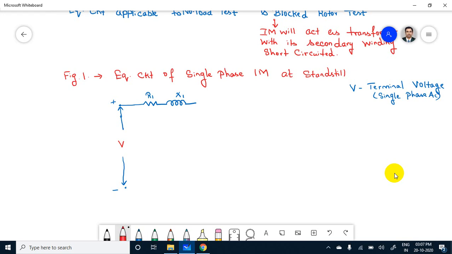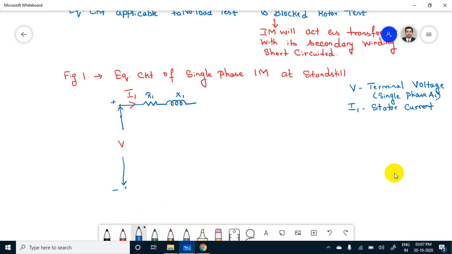Then if you give the voltage, the current flows. The current is I1. Okay, so I1 is the stator current. Stator current.